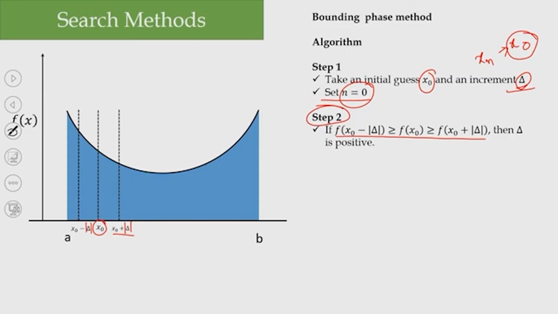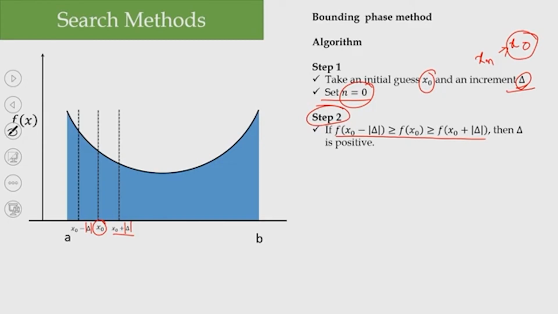After taking these 3 points, we are checking whether f of x naught minus absolute value of delta is greater than f of x naught, and f of x naught is greater than f of x naught plus absolute value of delta. This is the particular condition.